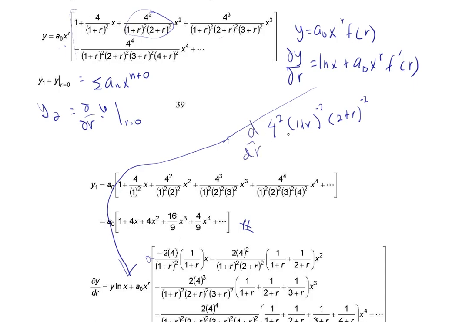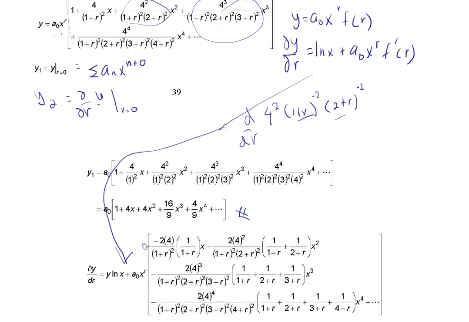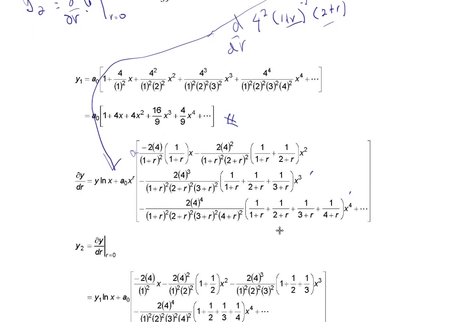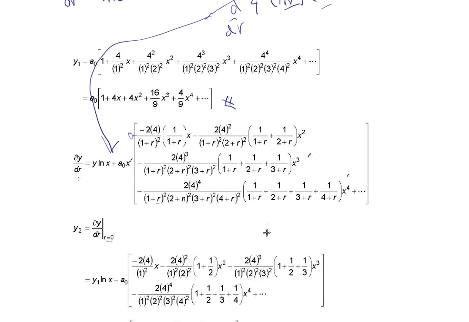To differentiate this, you can use product rule, and you can use the proof deduction, and you will get this one, and also this. So that's all. If you have found our dy/dr, substitute r equals 0 into this, and we will get this one.